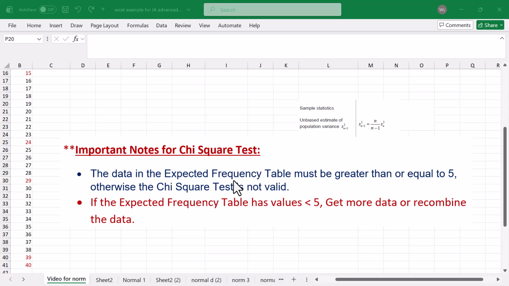These rules will apply to both chi-square tests. The data in the expected frequency table must be greater than or equal to 5. Otherwise, the chi-square test is not valid. If the expected frequency table has values less than 5, get more data or recombine the data.